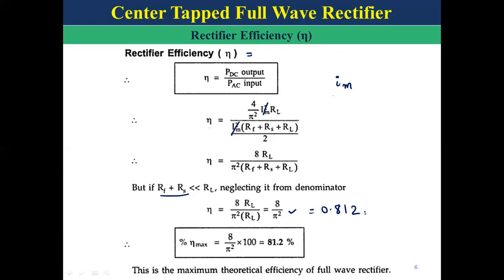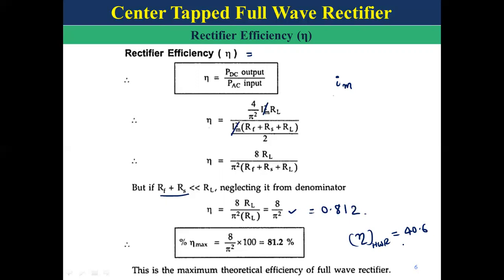So the center tapped full wave rectifier efficiency is 81.2%, whereas for the half wave rectifier, the efficiency is equal to 40.6%. Means here the efficiency of the center tapped full wave rectifier is double that of the half wave rectifier.